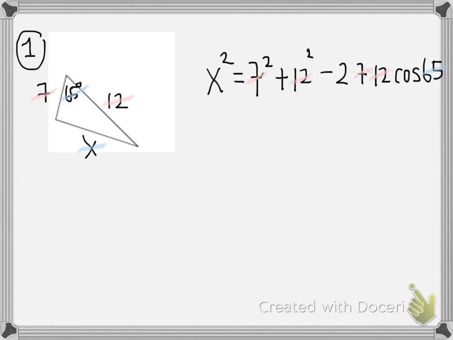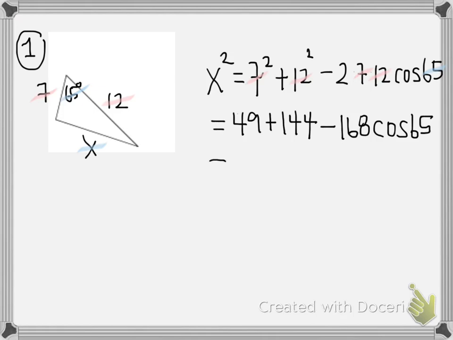Good. So 7 squared gives you 49, plus 12 squared, which is 144. Then 2 times 7 is 14, and 14 times 12 is 168, times cosine of 65. Make sure your calculator is in degree mode.